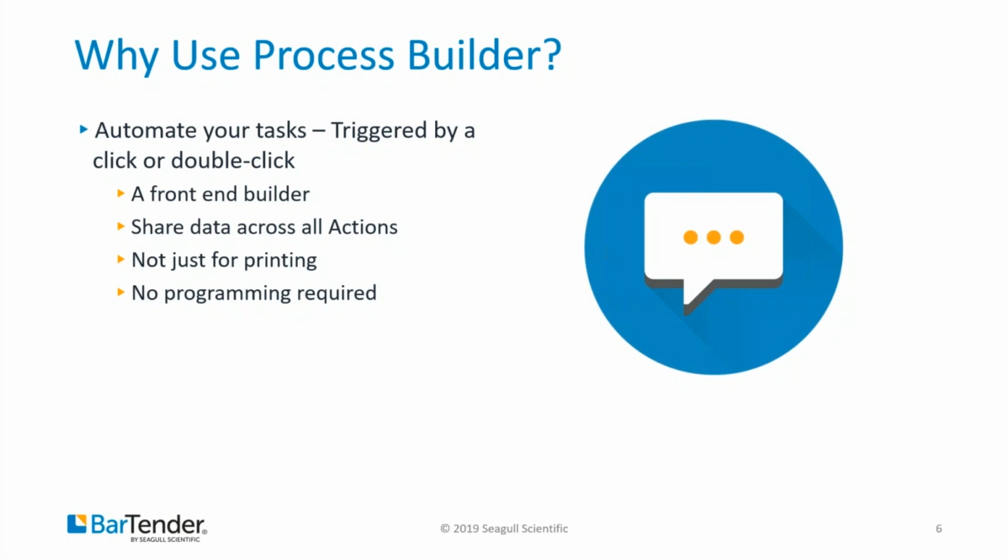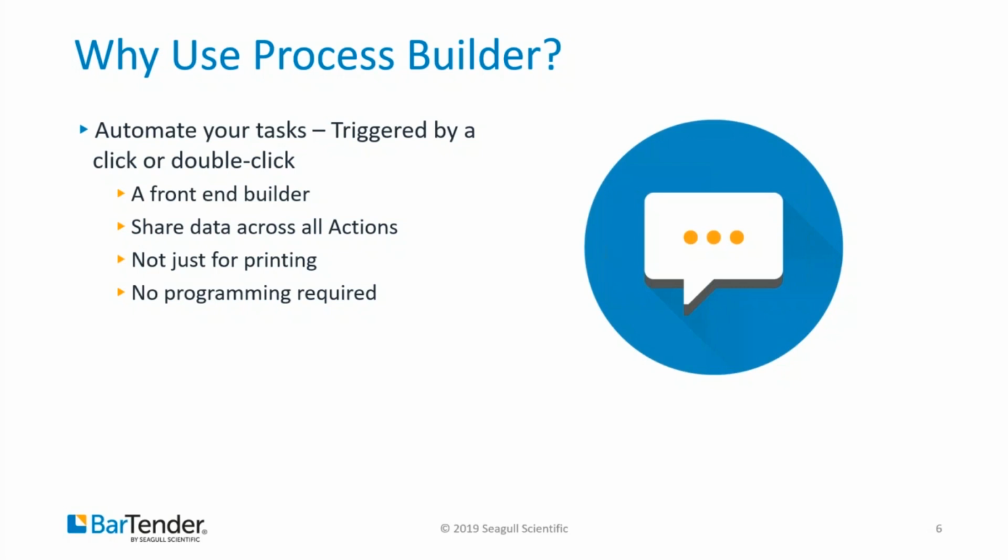The real reason is that this is a tool that allows you to package everything together. In an integration, we have a system that sends us a trigger: a file gets sent over, a web service request gets sent over, or a database is updated, and that triggers the integration. That's not always the case. Sometimes it has to be manually triggered, and that's when Process Builder would jump in.